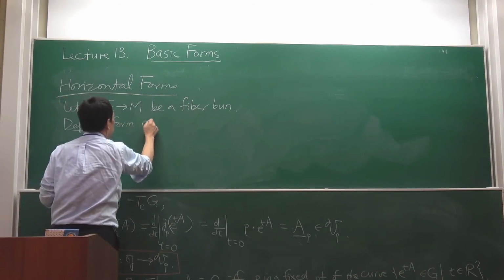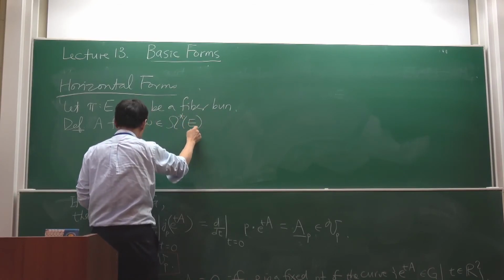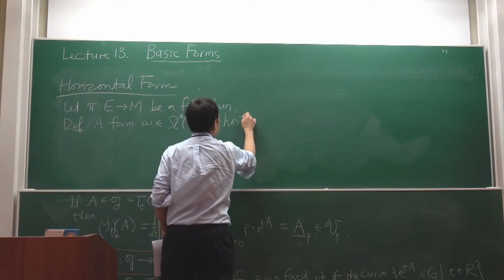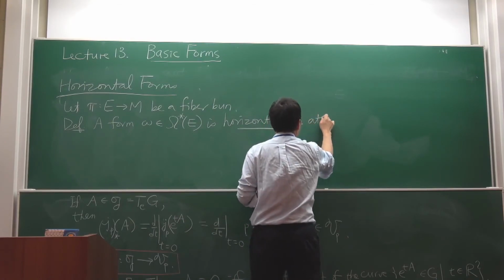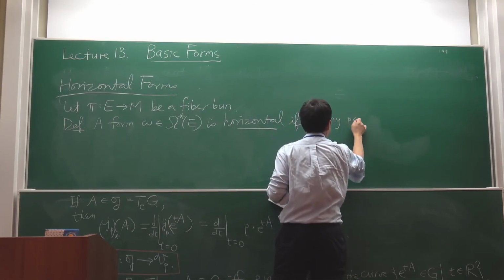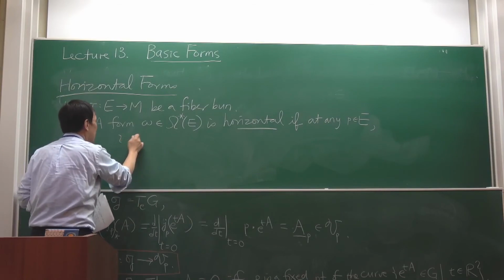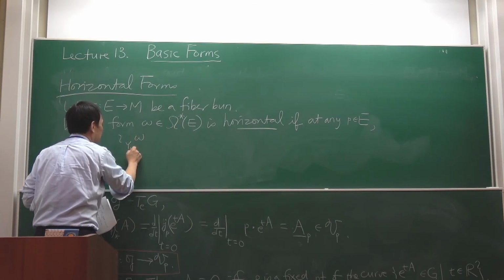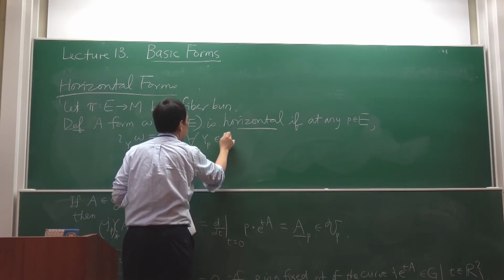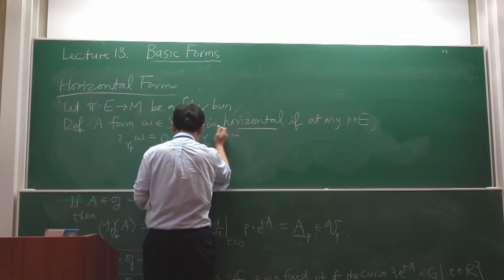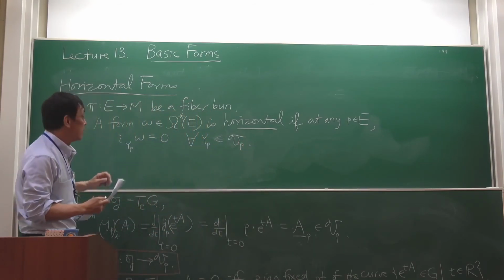A form omega on E is horizontal if at any P in E, when you apply omega to a vertical vector y, you get 0.